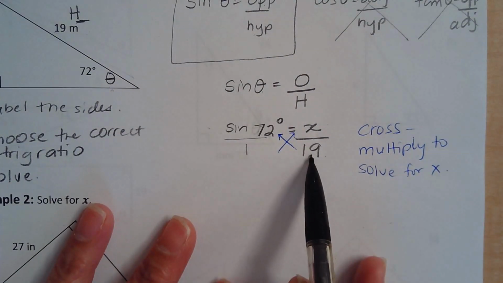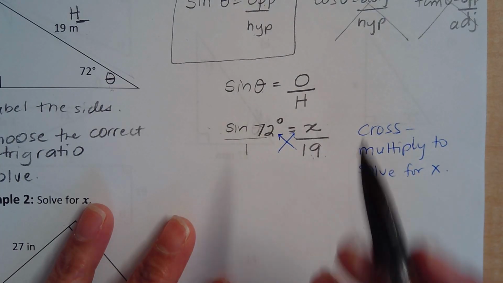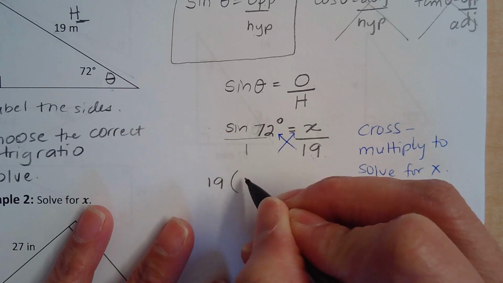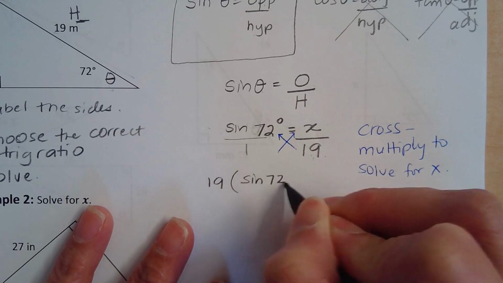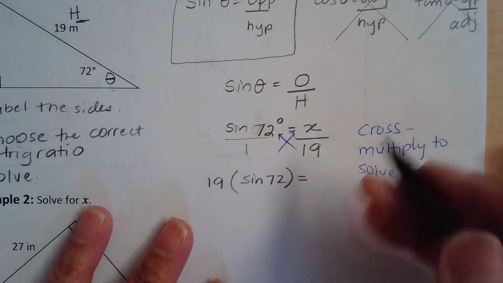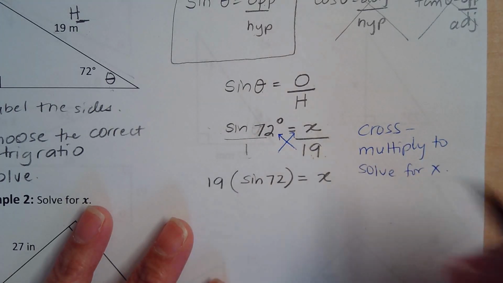When we cross multiply, we're going to get 19 times, I'm going to use brackets, sine 72 equals 1 times x, which gives you just x.